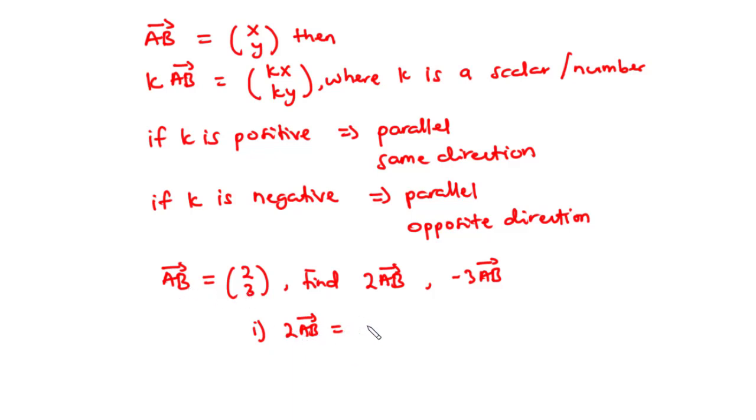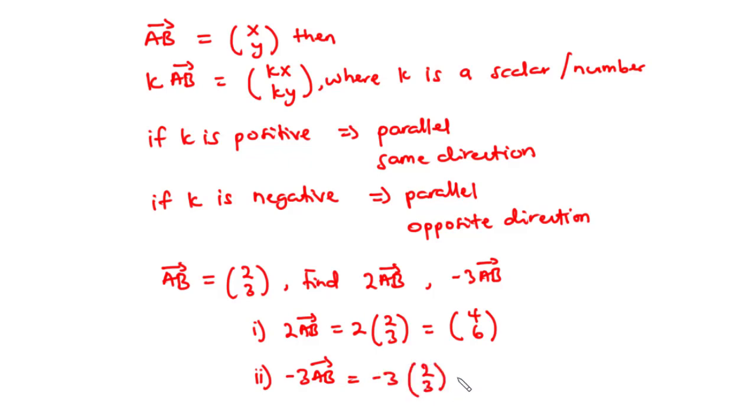So that is 2 times (2, 3). And this is equal to 2 times 2 is 4, 2 times 3 is 6. So this is the vector 2AB. Now for negative 3AB, we have negative 3 times (2, 3). This is equal to (negative 6, negative 9).